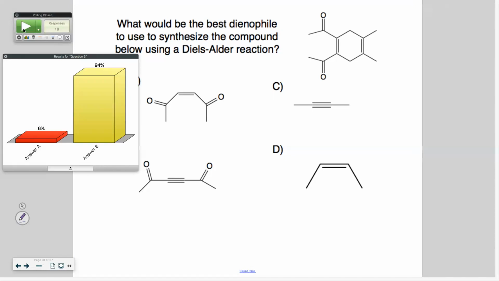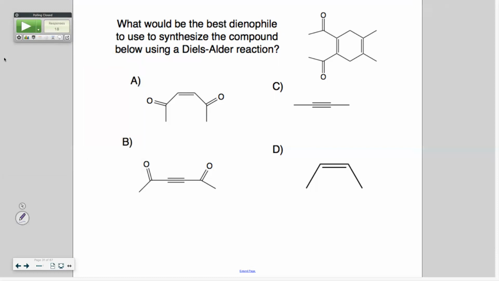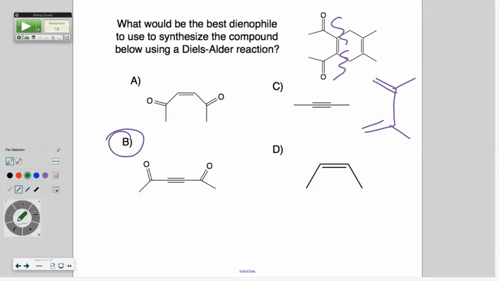Yep, it's B. Yay! We're going to break it here and here. What would be the diene? The one with the 2 methyls. Why break it there and not here?